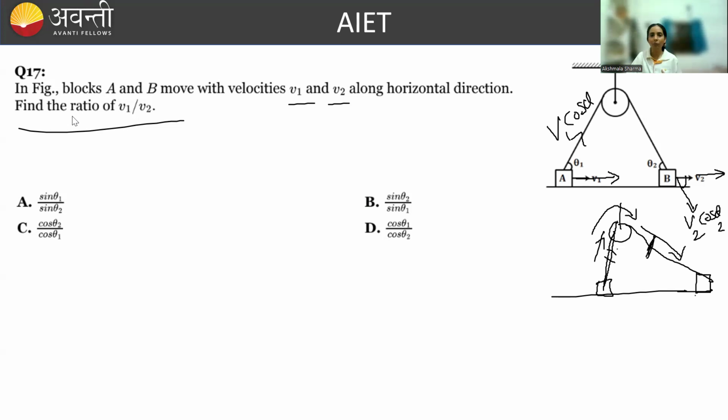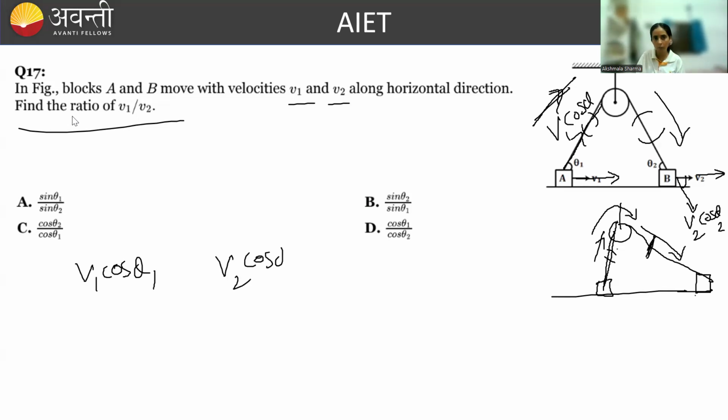Now you just imagine whatever string is getting released from this side, same string will appear here as increase in length. Done. So rate of decrease of length of this side will be equal to rate of increase of length that side. Rate of decrease of length this side means V1 cos theta 1, and the rate of increase of length this side means V2 cos theta 2. This should be equal, right?